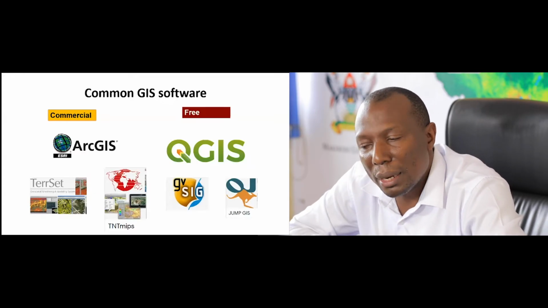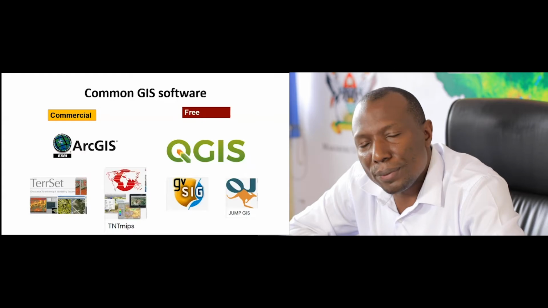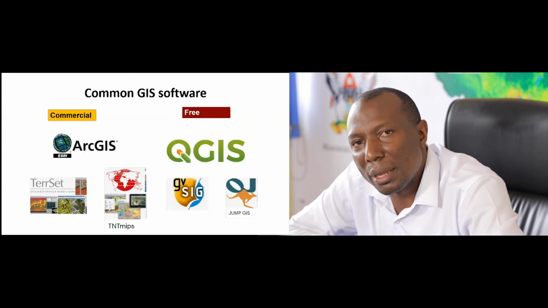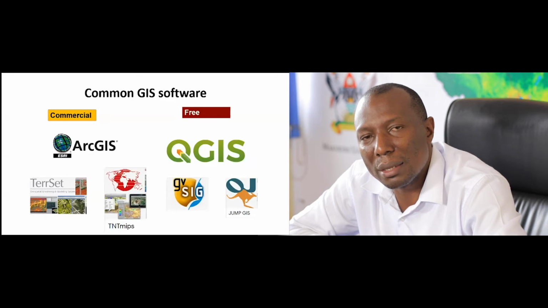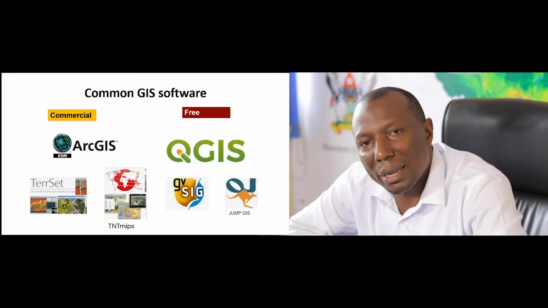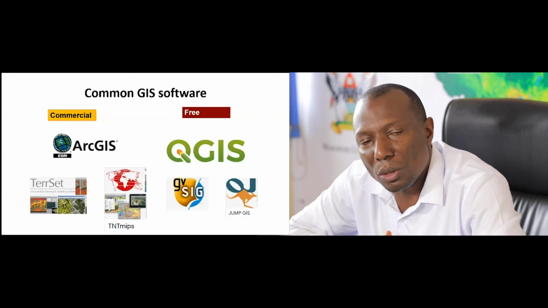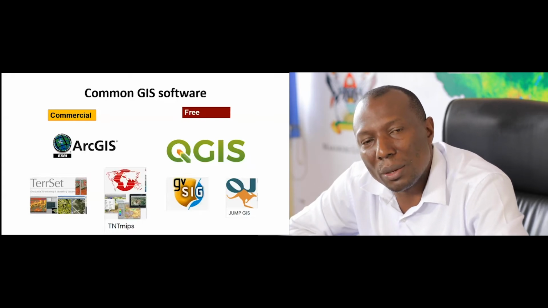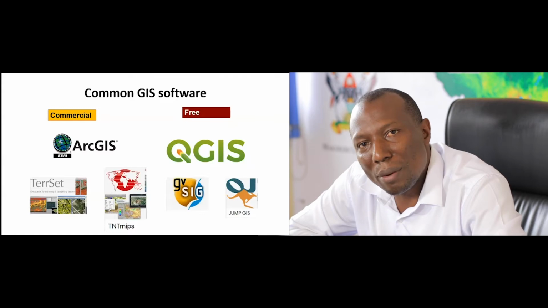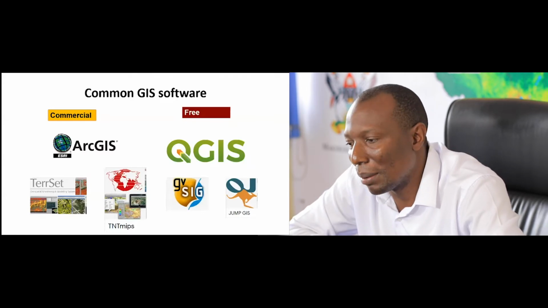Now, in terms of GIS software, depending on the training, most people trained in ArcGIS will always prefer to work in ArcGIS. Those trained in TerraSet, which used to be Idrisi, will tell you image processing can only be done in Idrisi. Those who have used TNTmips will always argue that TNTmips is the best.